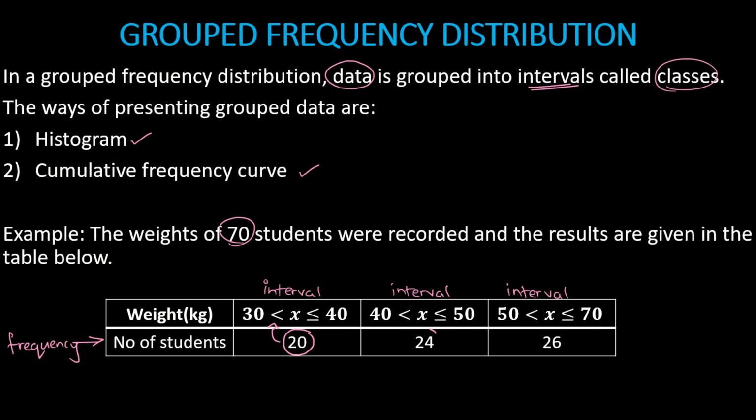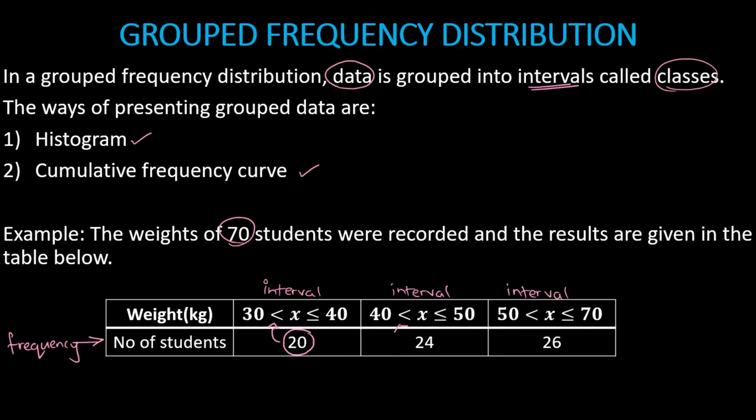For the second interval, the frequency is 24. We have 24 students in this category, 40 to 50 kilograms. And lastly, we have 26 students in the category from 50 to 70 kilograms, right?